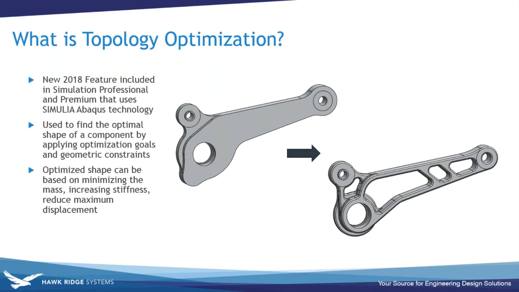But an example of that, which I already mentioned, is the optimized shape can be based on minimizing the mass through a certain percentage, while also increasing the stiffness, or maybe saying that you want to minimize a certain max displacement throughout the entire model or in a specified location. So you'll see that you have quite a bit of different options here to set a criteria of what you want the tool to meet, and yet still giving you a unique shape that you may not have known to design or what direction to go in.